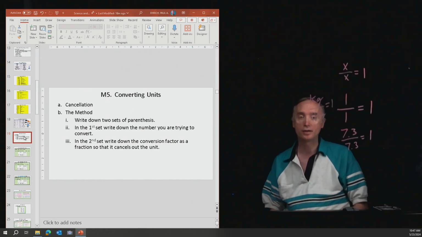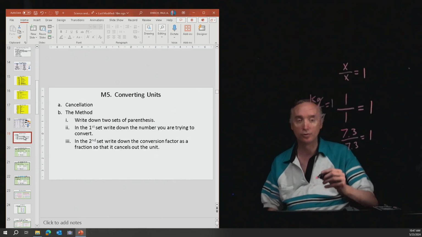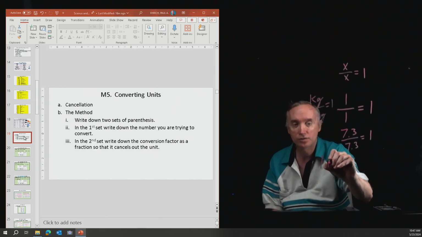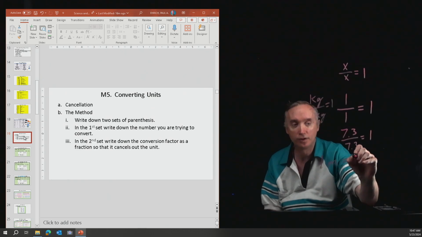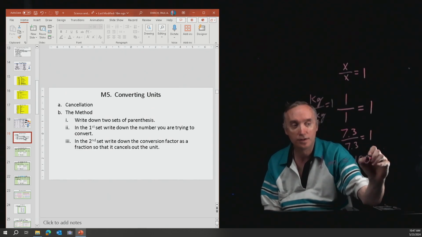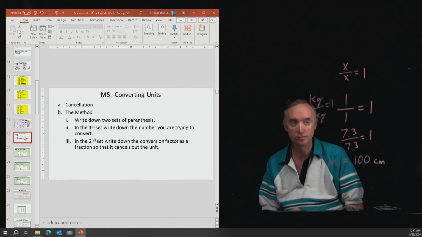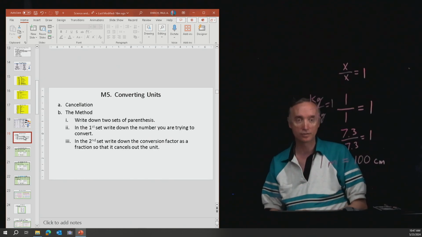So what do I mean by conversion factors? In the back of your book, or if you go on the internet, you're going to find all sorts of different kinds of conversion factors. For example, 1 meter has inside of it 100 centimeters. So that's a conversion factor.